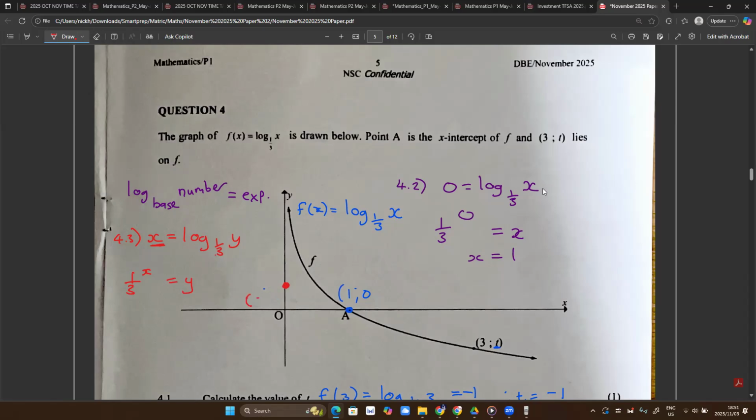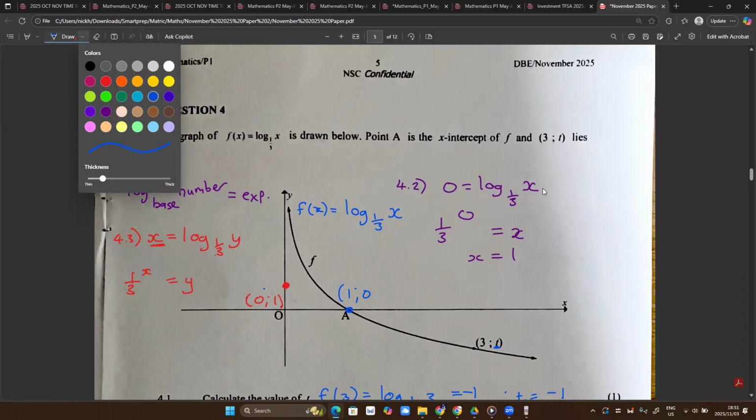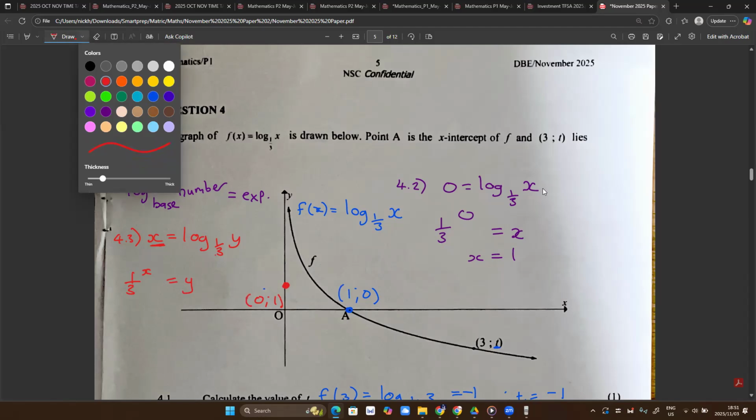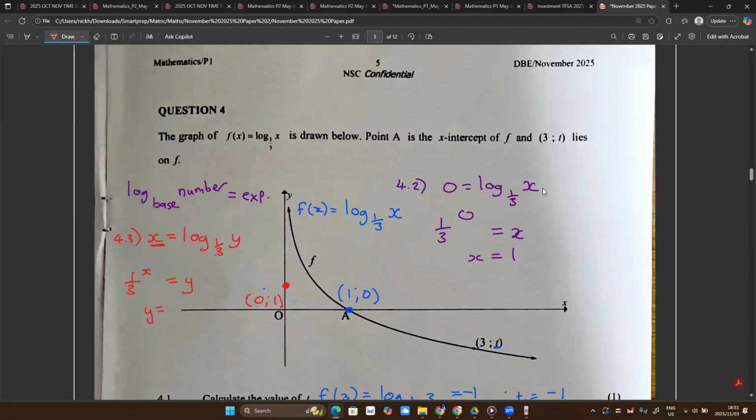So we've got 1, 0, so we end up having 0, 1. Then we've got our y equals 0 asymptote, and we can simply draw that like that. So this would be f to the negative 1 of x.